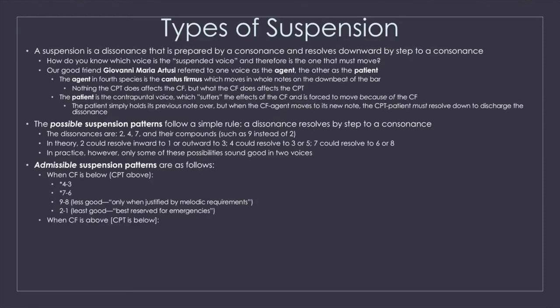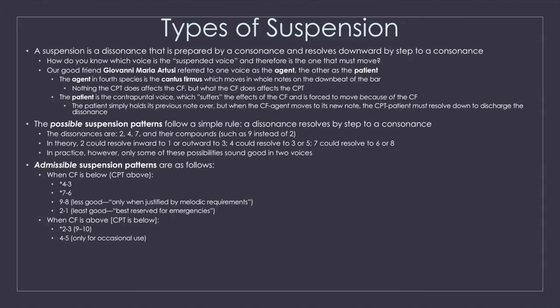Okay, when the cantus firmus is above and the counterpoint is below, then the 7-6 suspension, if you take the same exact notes, just inverts to a 2-3 suspension. And that's the same exact thing as a 9-10 suspension. So that one is a great one to use, very common. The 4-5 suspension is possible, right? A fourth is a dissonance. You could resolve a fourth to a fifth.